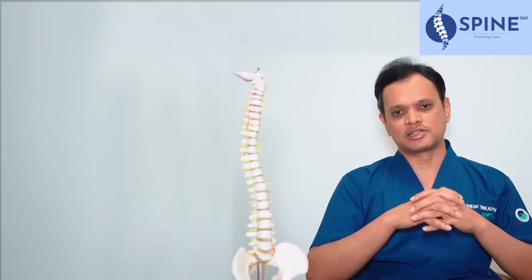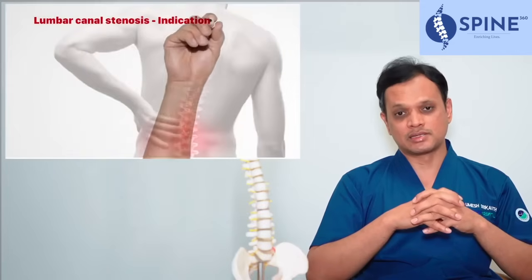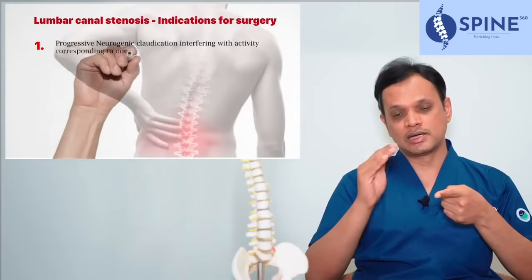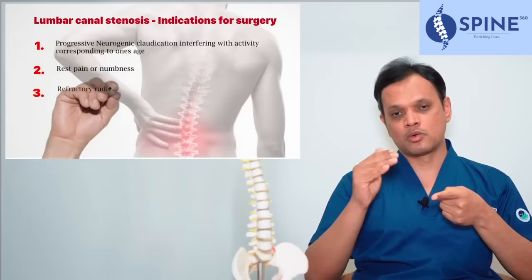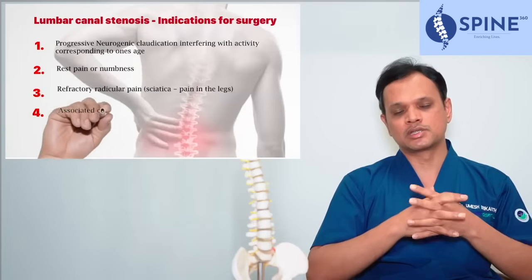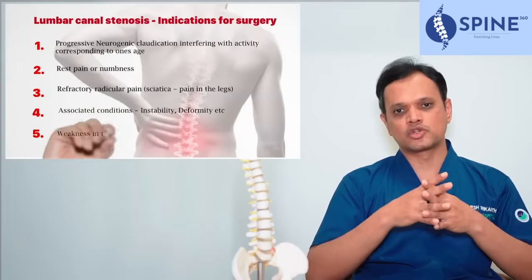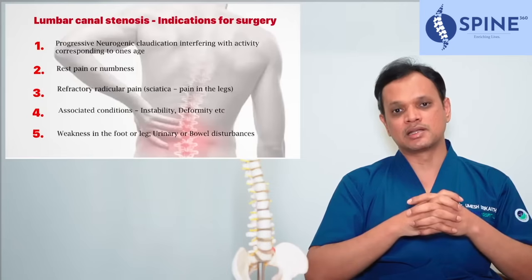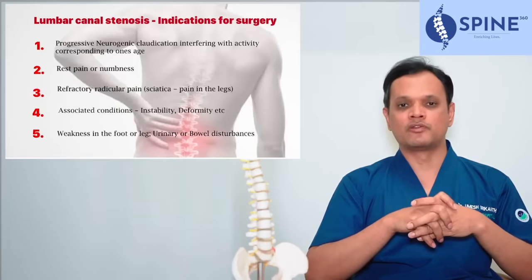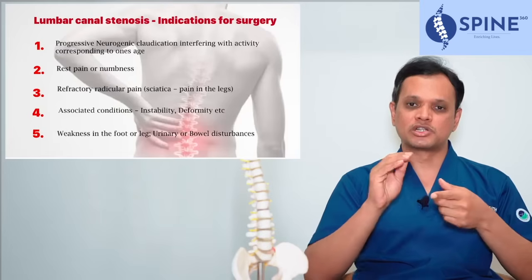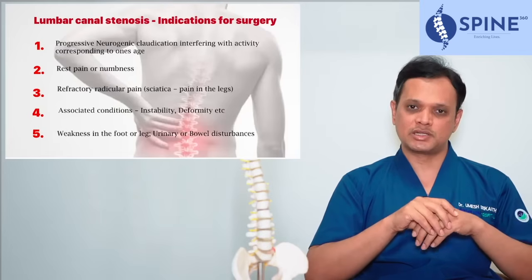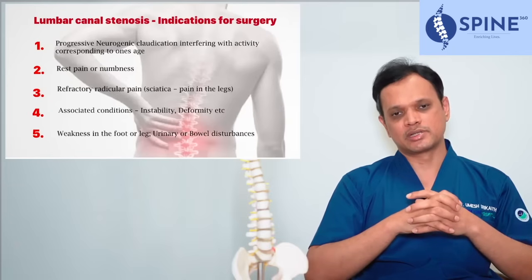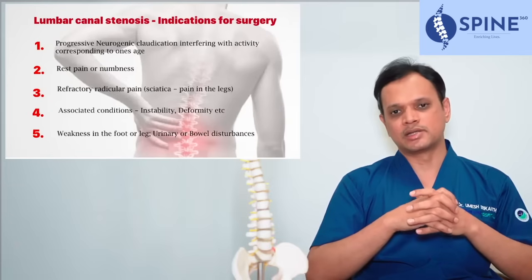But in severe cases, when there is a significant progression of your symptoms, or a critical distance is reached, if you are not able to walk even 100 meters, that is what we call a critical distance, though there is no actual cutoff, that indicates this is a case that requires some kind of intervention. Also, if patients develop any kind of numbness or weakness, or there is already some urinary disturbance, these patients will again require a surgical intervention.